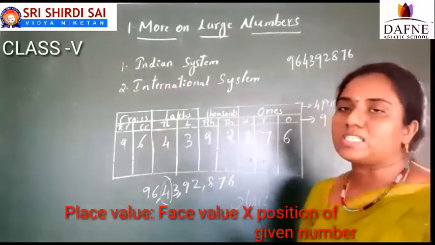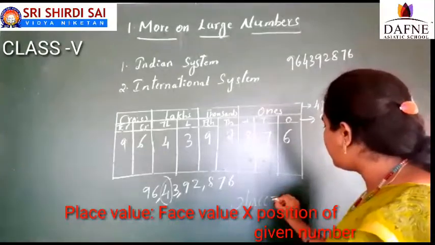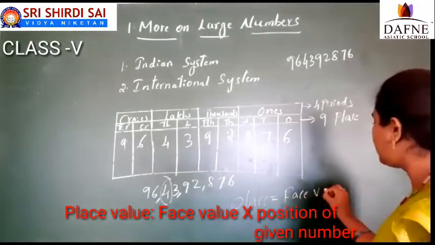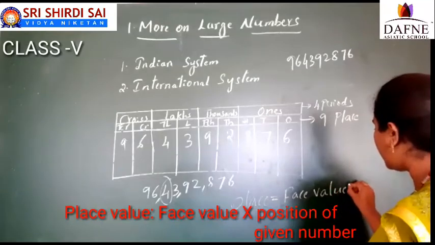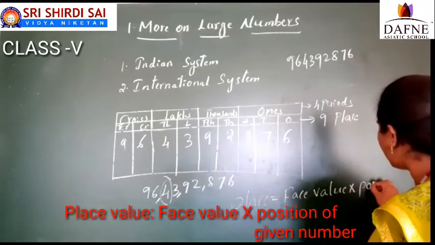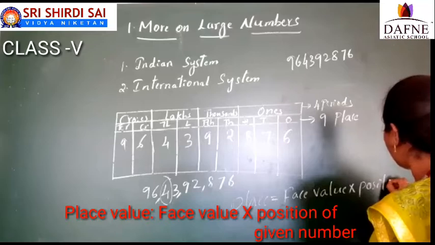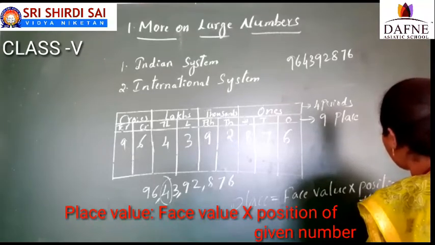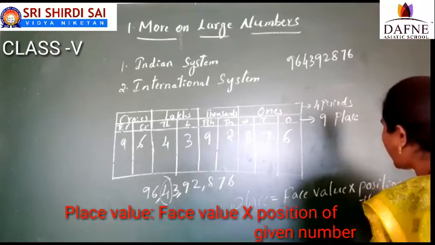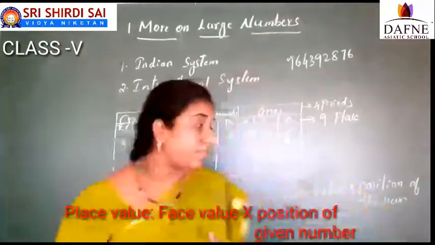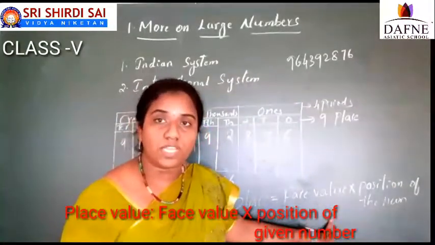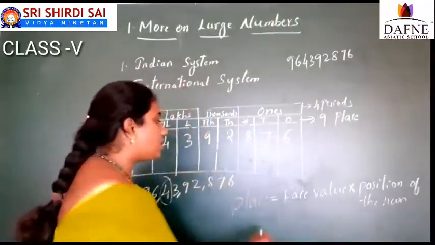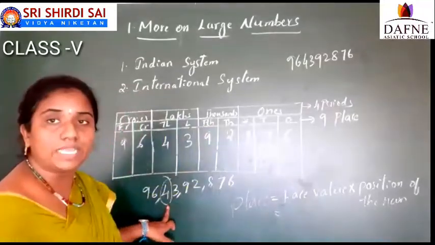How will you write a place value? Place value is equal to face value into position of the number. So that means the product of the face value into the position of the number. So see here, I want the place value of 4.